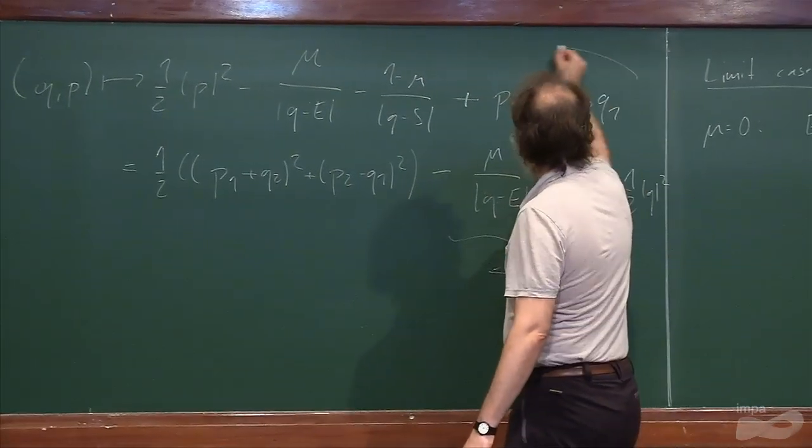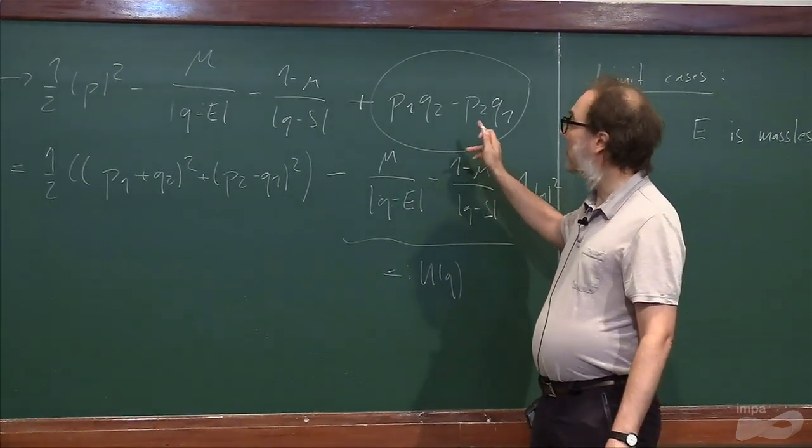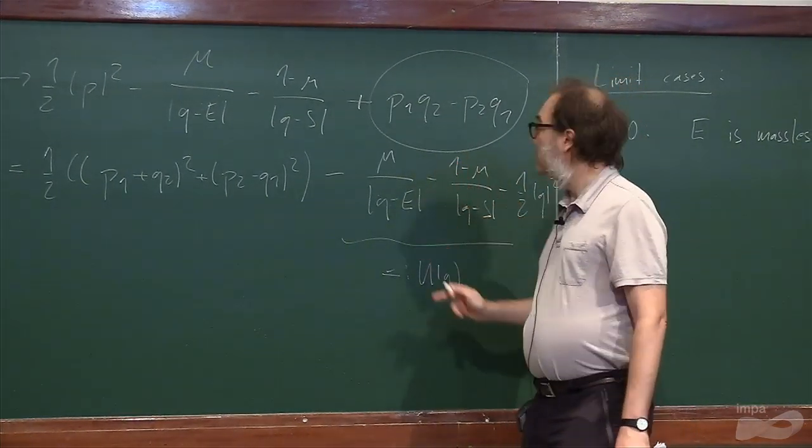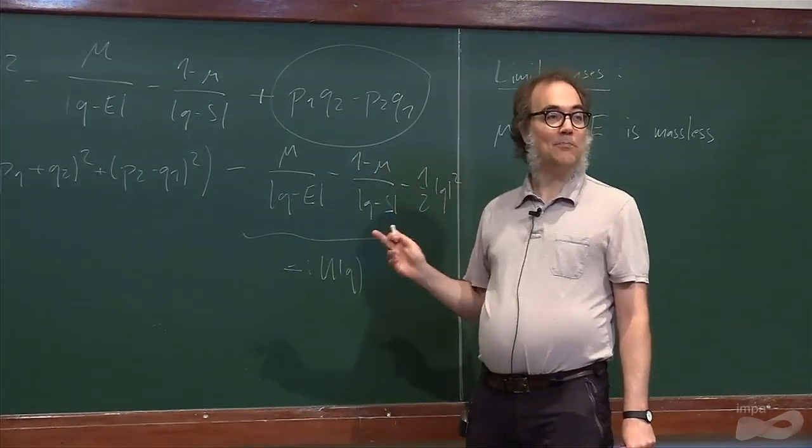But because of this term, we are always in rotating coordinates. So this is the so-called rotating Kepler problem.